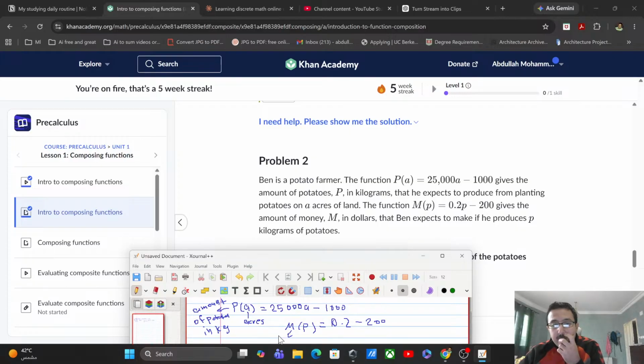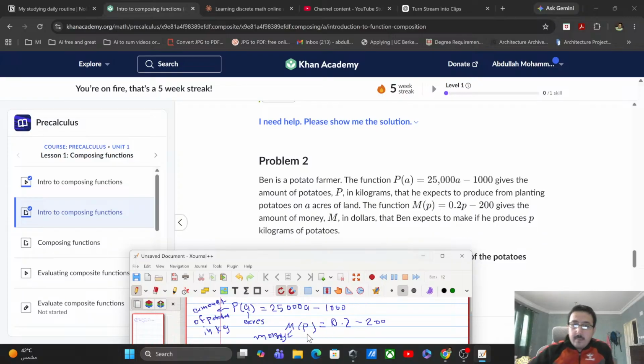It's money. Amount of money in dollars that Ben expects to make if he produces P kilograms of potatoes, which is this one, am I correct? Amount of potato in kilograms. Yep.